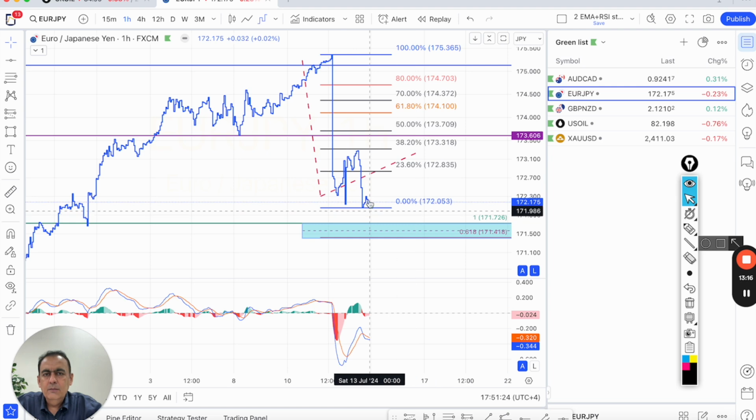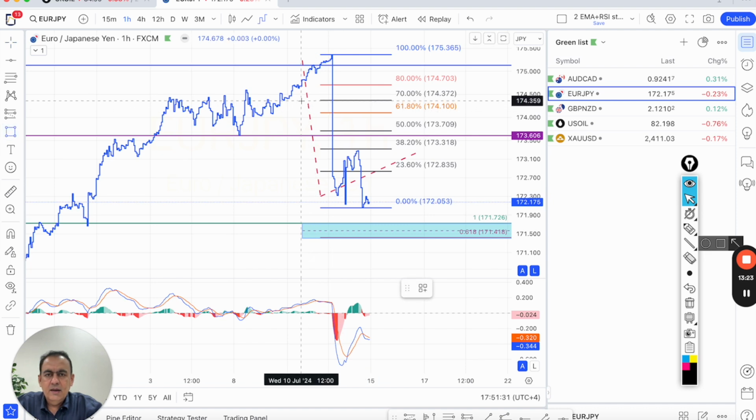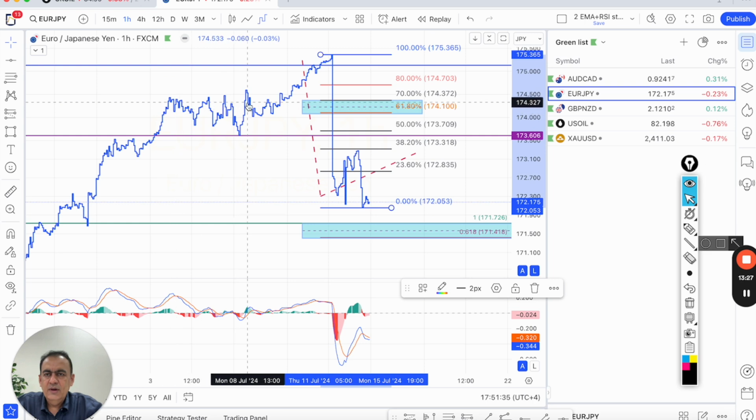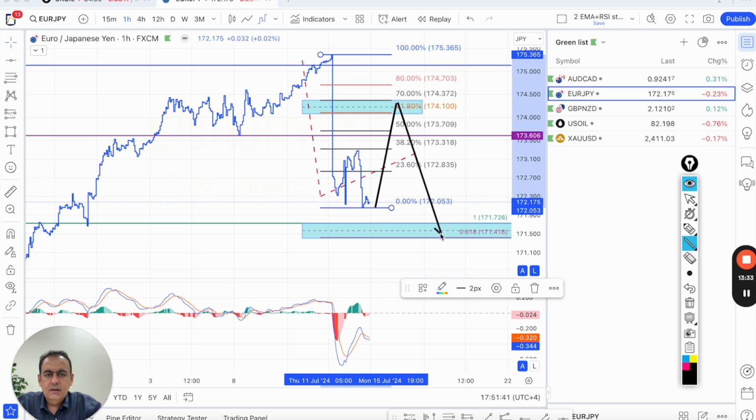In this scenario, if the market jumps towards 61.8 or 70%, it will be again in the high volume zone. We have a lot of volume here, historical consolidation. So price may get back to the same price zone and then move downward. Anyways, the plan is to sell on the rise in the short term.